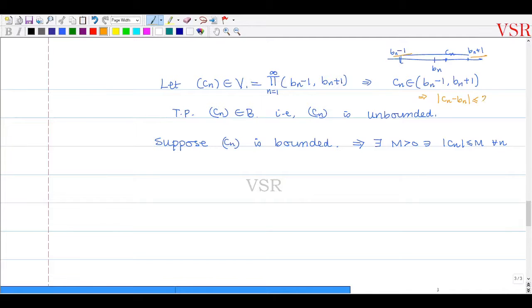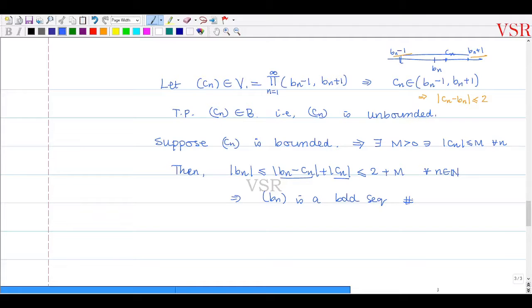So we will have this is equal to 2. அப்போ இதுல இருந்து என்ன தெரியுது அப்படின்னா, then we are having modulus of Bn less than or equal to modulus of Bn minus Cn plus modulus of Cn. இது less than or equal to 2, plus Cn less than or equal to m அப்படின்னு கிடைச்சிருமா? So this implies that, of course this is true for every n belonging to natural numbers here. So this implies that Bn is a bounded sequence. That is a contradiction.